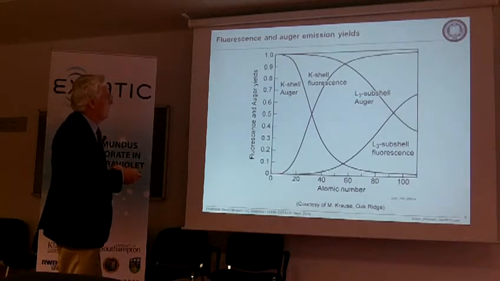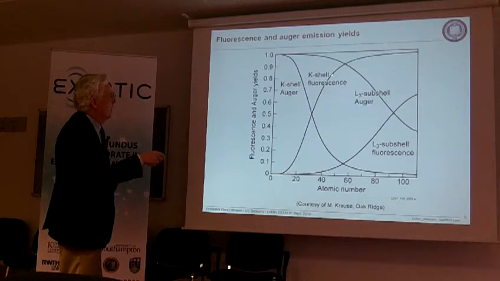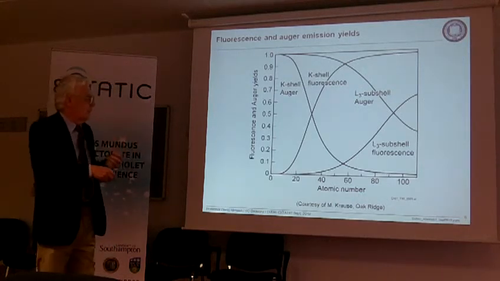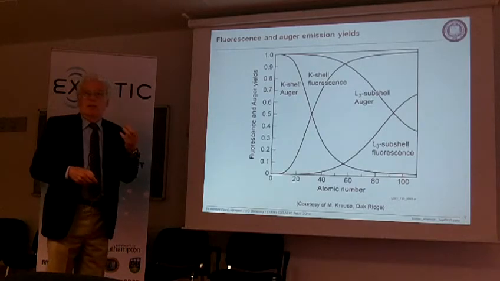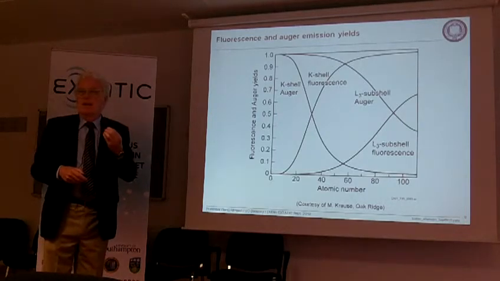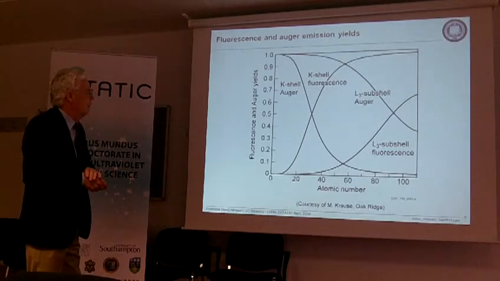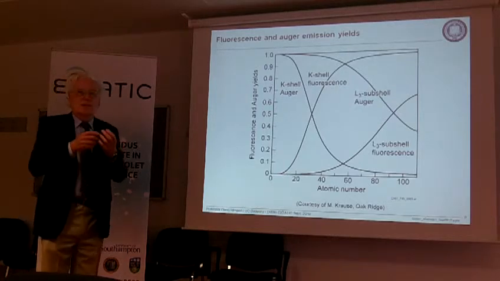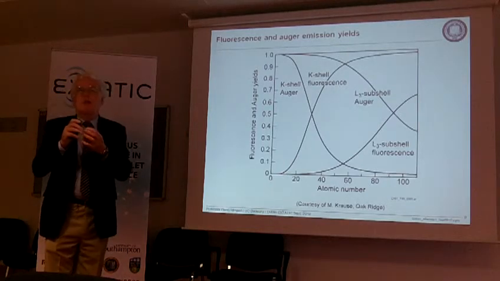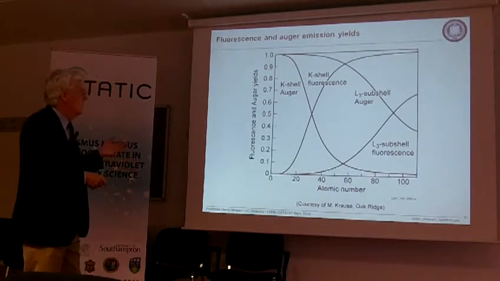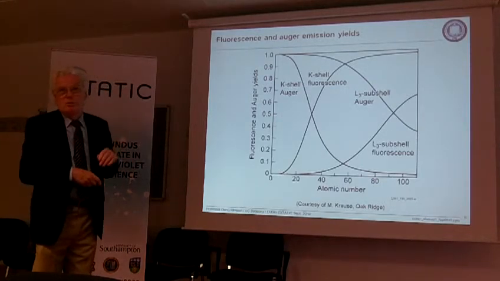Looking at the K shell for low Z, small elements, the fluorescent yield is not very good, but it becomes very strong for high Z. That's because when you get to the higher Z, the K shells are quite isolated, and they're quite likely to emit a fluorescent photon. Whereas in the low Z, all of these electrons are very close to each other, and they perturb each other. That's what leads in the end to whether you would have an Auger process or not.